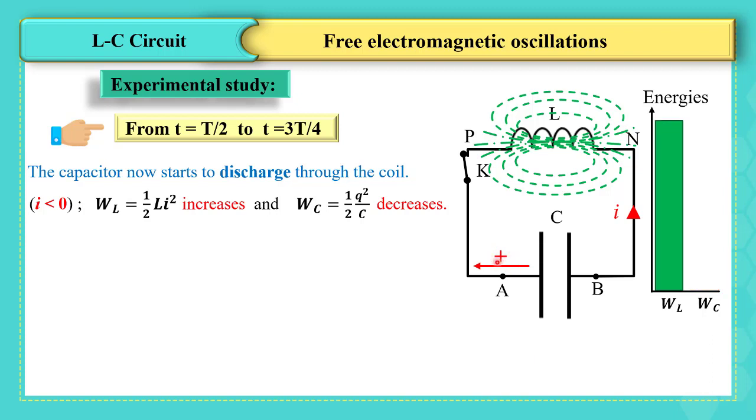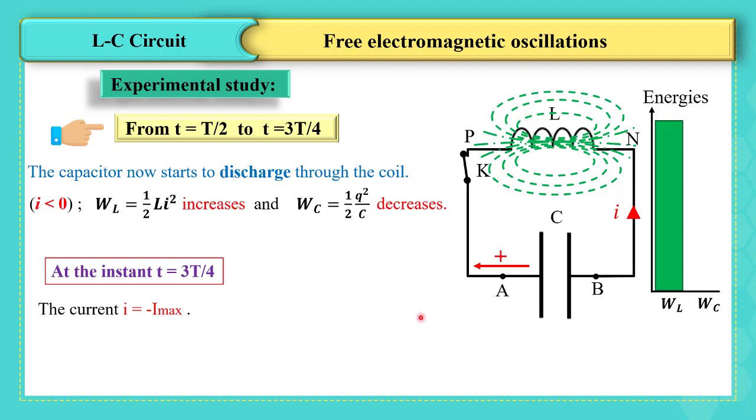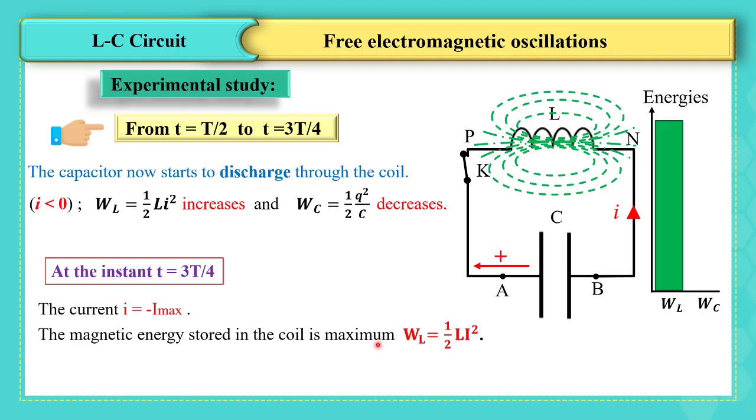The electric energy is transformed into magnetic energy, and at the instant t equals 3/4 of the period, the current now will be equal to minus I maximum and the magnetic energy stored in the coil will be maximum.